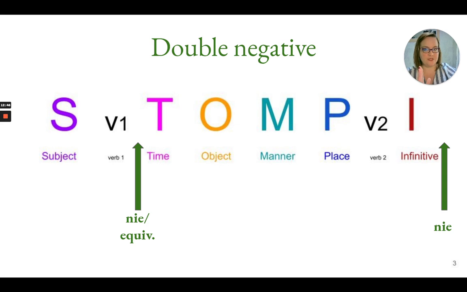And the exception that I did, or just a bit of a difficult one, is hou van, because hou van is two words. We just pop the nie in between the hou and the van. But that's an exception, really. That's it. You've done your first lesson on the double negative, on negation, die dubbel nie. Dubbel nie.